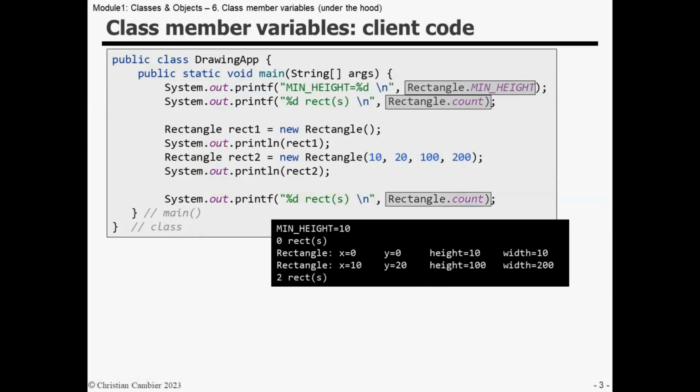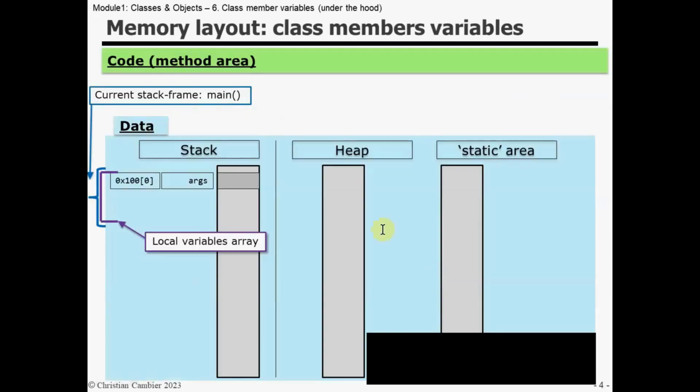Let's dive under the hood now and explore what happens in memory when we execute this client code. So what happens when we execute the first statement, printf of minimum height? The new thing in memory when we use class members is that there will be some kind of static area reserved in memory where all the static variables will be allocated.